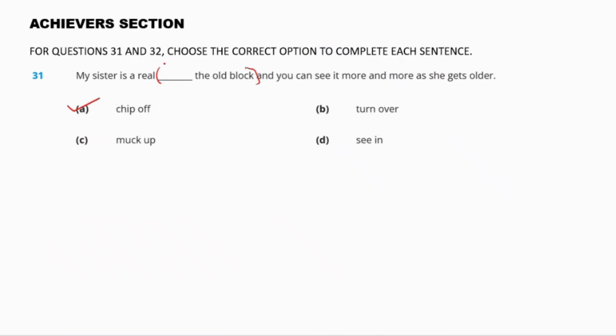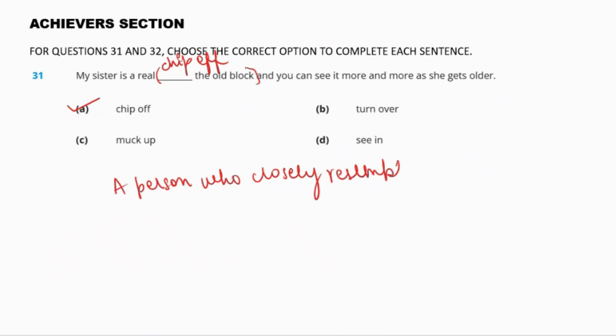So the complete idiom will be chip off the old block. Now what does this idiom mean? This idiom means a person who closely resembles their parents.